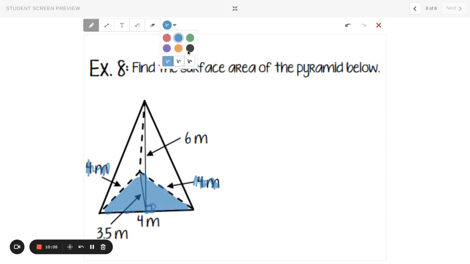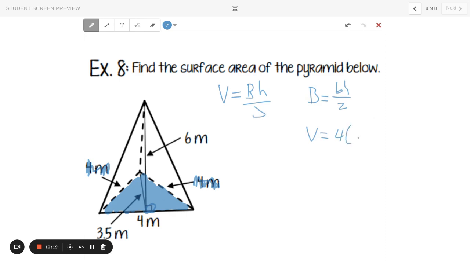Okay. And since it's a pyramid, your volume formula is still V is equal to big B times H divided by 3. Since the base is a triangle, big B is base times height divided by 2. So the base of the triangle is 4, and the height of the triangle is 3.5.